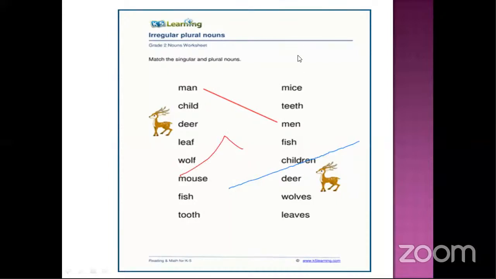3 to 6, 4 to 8. Good. Just try some more. Yes, fish. Very good.